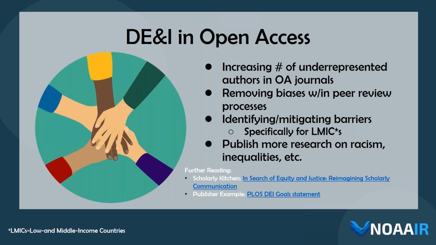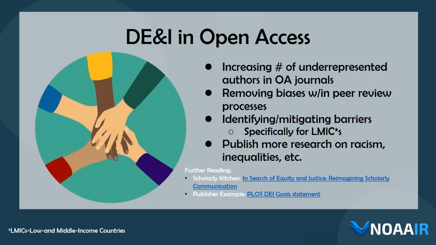And this is key specifically for LMICs, which is low and middle income countries, specifically like the global south, is typically what people are talking about when we're talking about LMICs. But it's identifying barriers, which often are those APC charges. And how do we mitigate those to make sure that things are more equitable for those underserved and underrepresented populations?